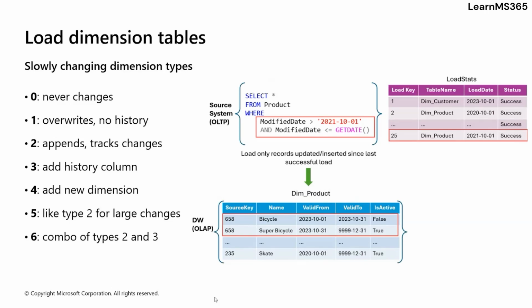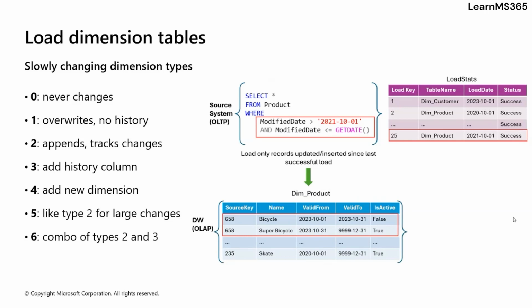For example, a customer's address in a retail business. When a customer moves, their address changes, and if you overwrite the old address with the new one, you lose the history. But if we want to analyze historical sales data, we might need to know where the customer lived at the time of each sale. This is where SCD comes into play.